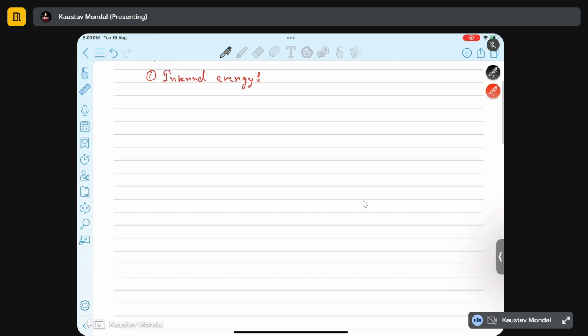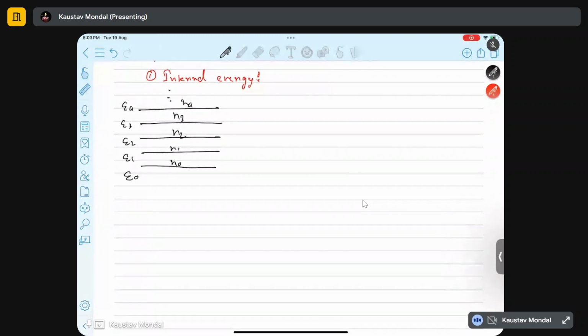Basically we have these energy states E0, E1, E2, E3, E4 and likewise. In each energy state there is a population of particles, N0, N1, N2, N3 and similarly.